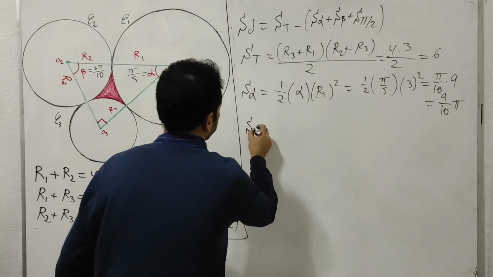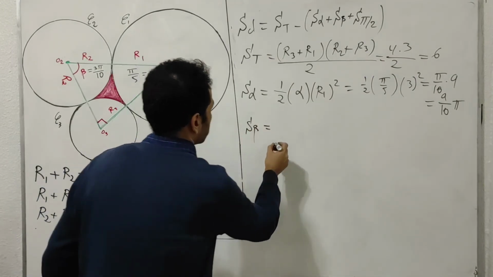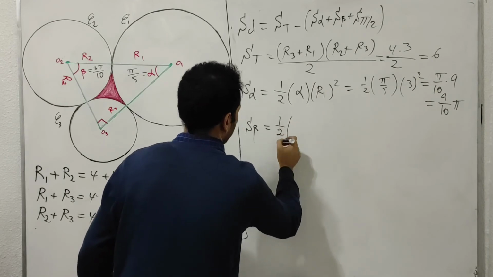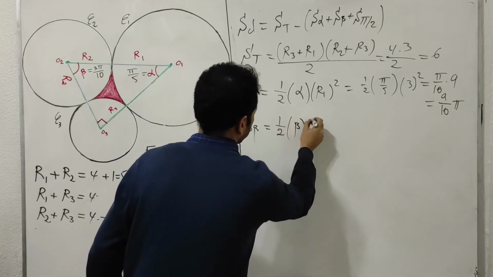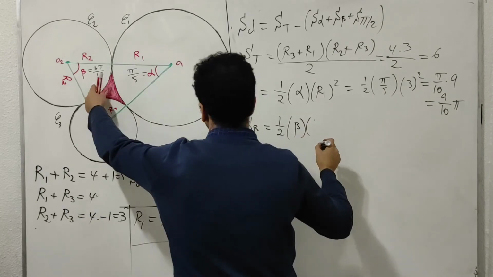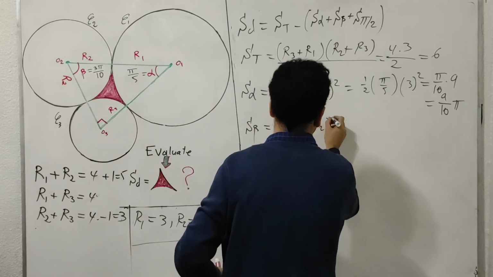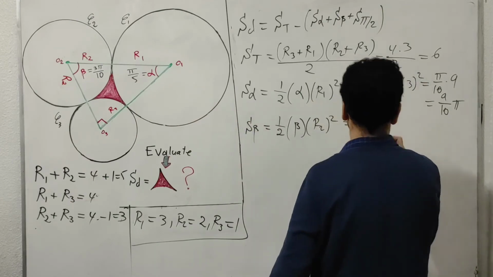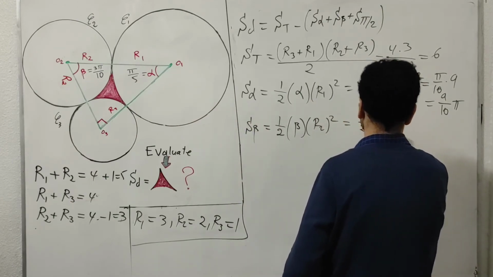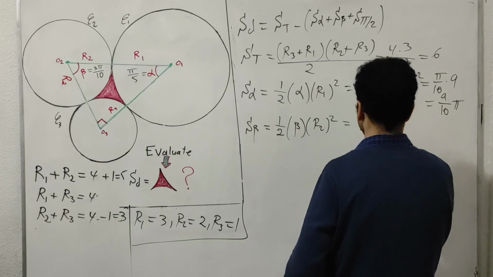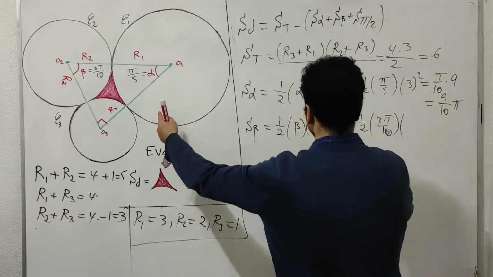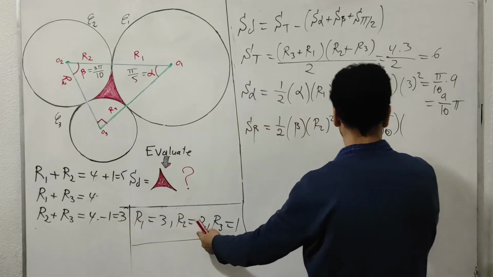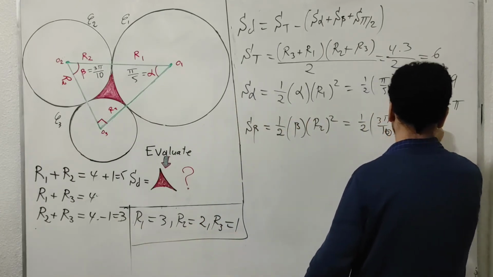For S beta, we have the same thing. I'm going to use the same formula: half multiplied by beta multiplied by this radius R2 squared. Beta, we already calculated, is 3 pi over 10, multiplied by the radius squared, where this radius R2 is 2, so 2 squared.